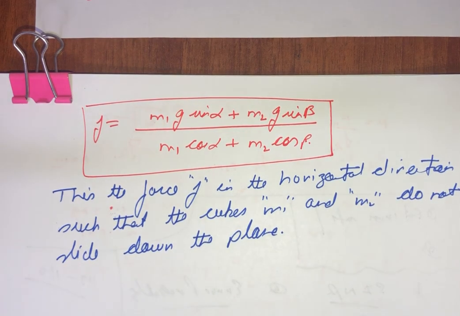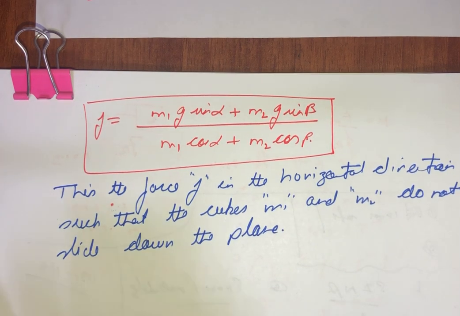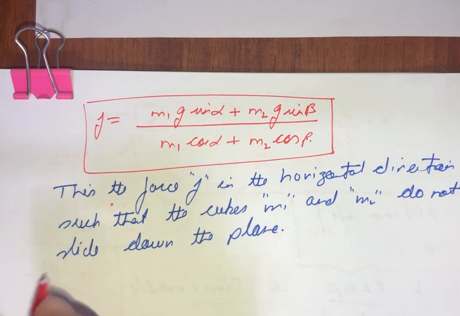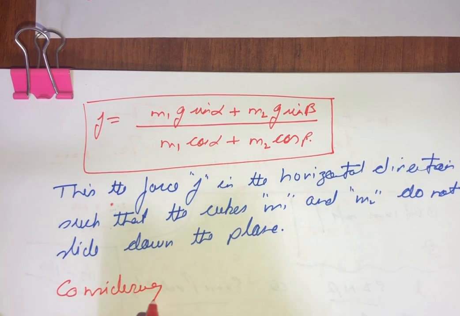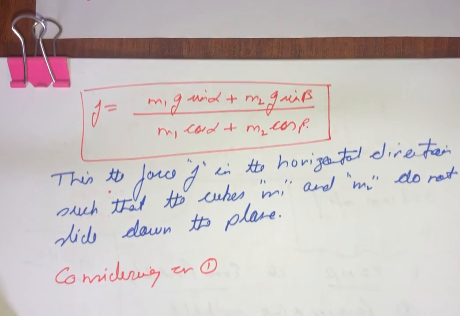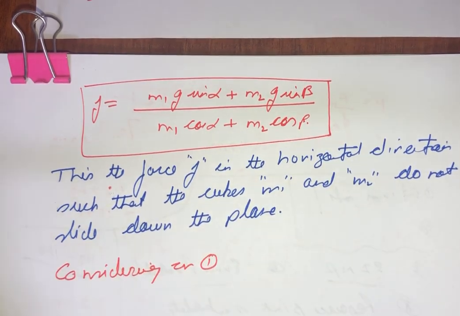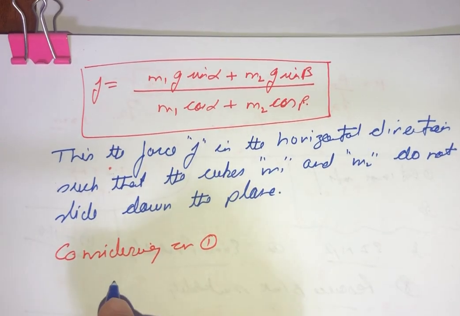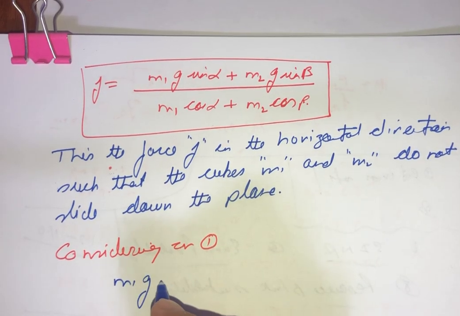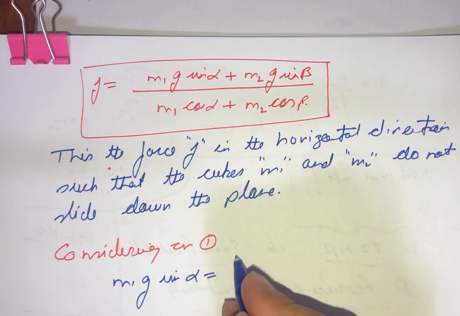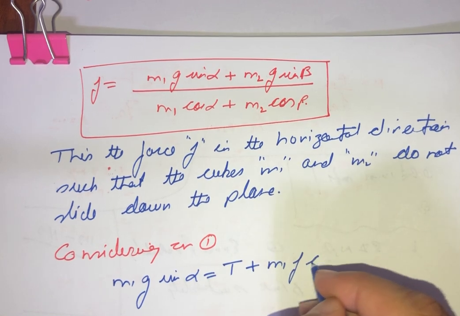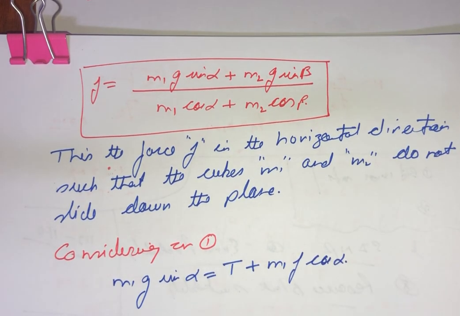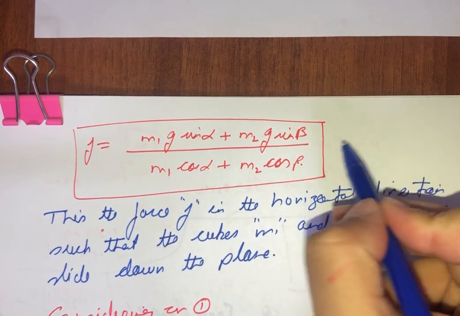Now we are going to find our tension T. For that we are going to consider equation 1 and substitute the value of F. Considering equation 1, which is given as m1g sin alpha is equal to T plus m1F cos alpha, and let us call this equation number 3.